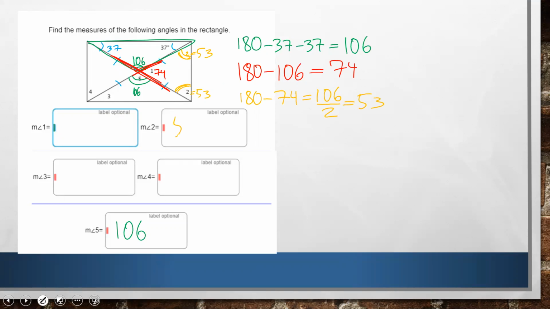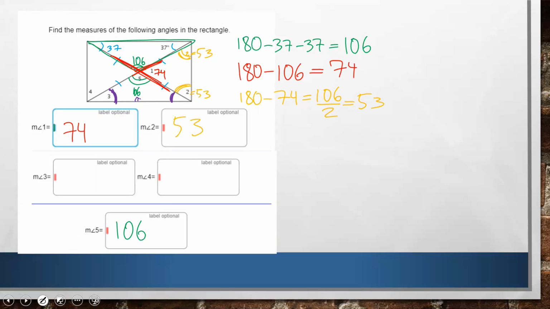I guess I forgot to fill in the answer here that I know this is 74. Now let's look for angle 3. Oh, well, angle 3 is easy enough. I already know that this angle here is part of an isosceles triangle, and I already know the vertex or the big angle right here.